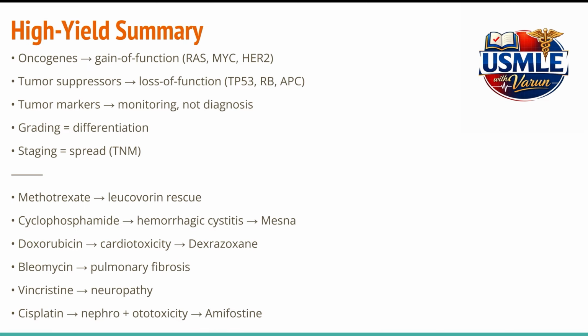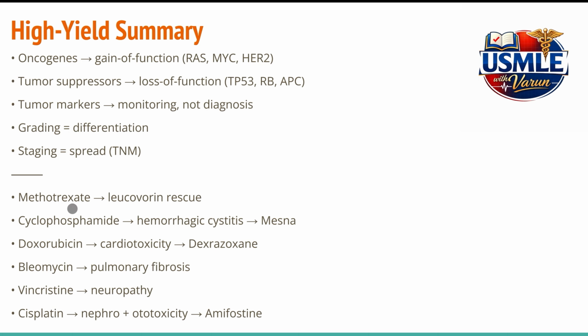Tumor markers are mainly used for monitoring and as a prognostic indicator. They're not specifically made for diagnostic purposes. Grading is used to identify the level of differentiation, whereas staging is used to evaluate the spread of a tumor.